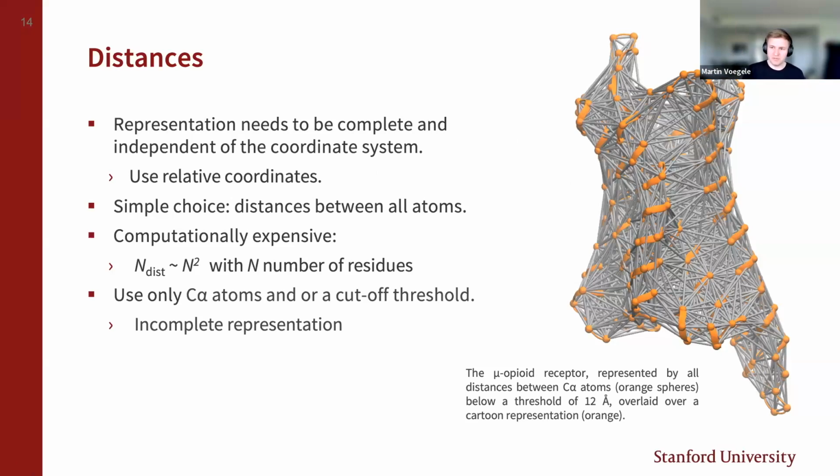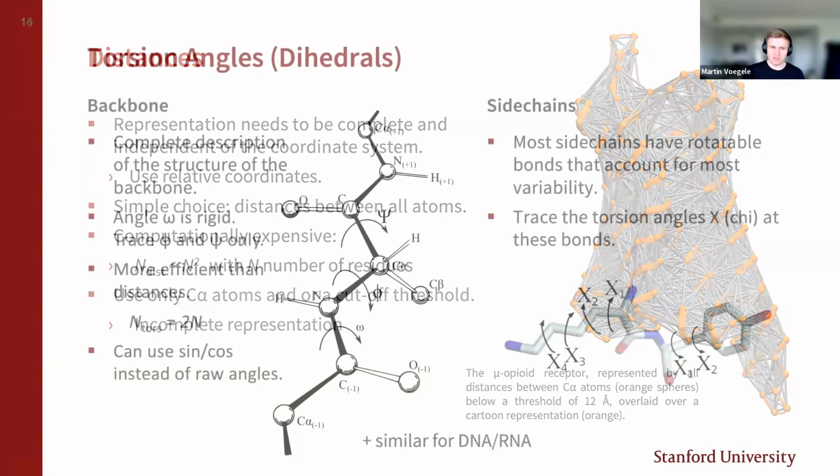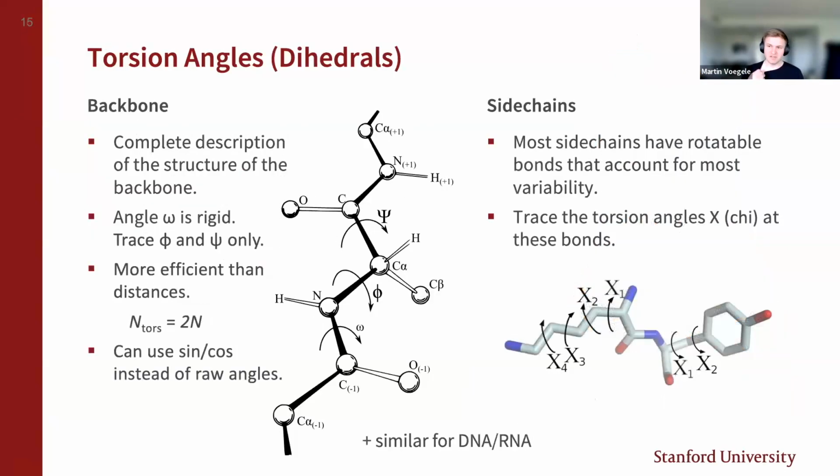So often a better representation will be torsion angles or dihedrals, because luckily, by the chemical nature of the protein backbone bonds, the torsion angles give already a very accurate description of the 3D structure of a protein.